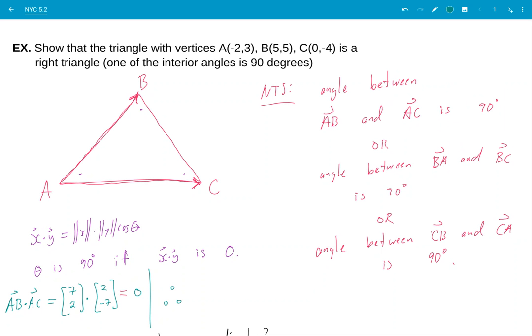So what does that tell me? It tells me that this angle here is 90. Let's say the angle at A is 90, and that shows that we do have a right triangle.